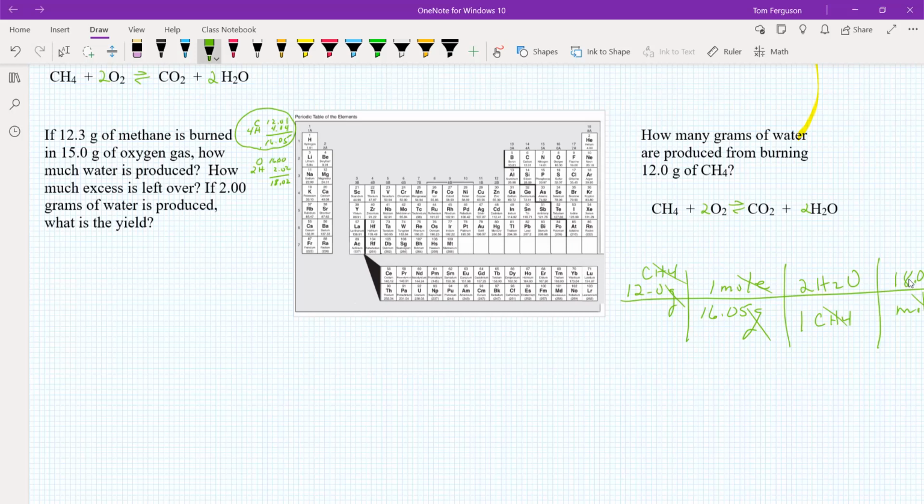Okay, so step number 1 is to do each given like it was by itself. So we're going to take 12.3 grams of methane, and we want to go to water.